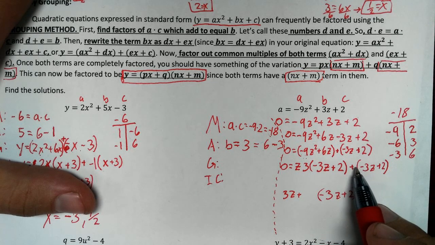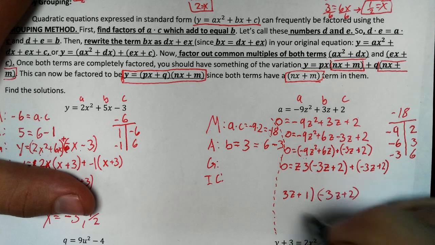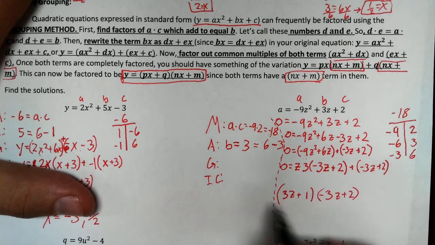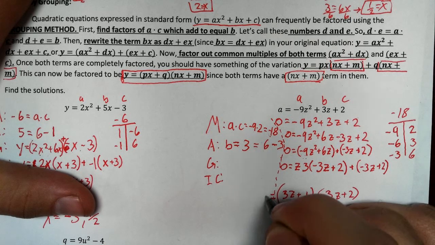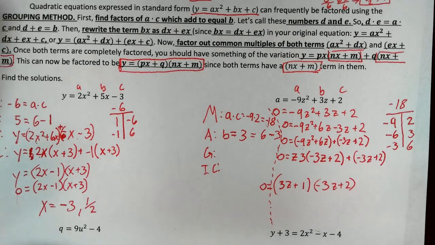Right, when we don't have anything in front of our coefficient, that would just be 1. Cool, so 3z plus 1. Ugh, poor planning again. Plan better. These are kind of intense problems. There's a lot of work for them. So 0 is equal to 3z plus 1 times quantity negative 3z plus 2.